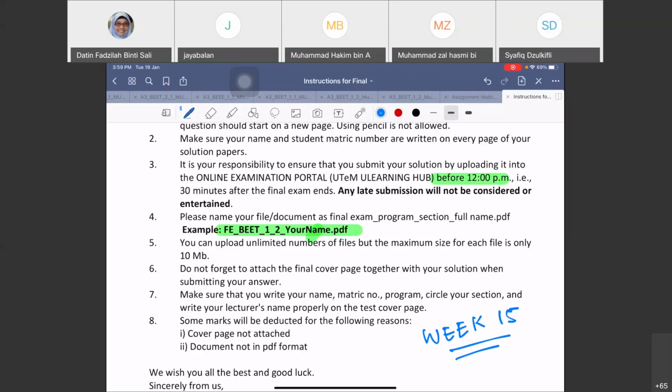Under week 15 you will see that I've already uploaded this instruction as well as the cover page for the final exam, so please download it and use it as a cover page in front of your paper. Make sure you write your name, matric number, program, etc. properly on the cover page.